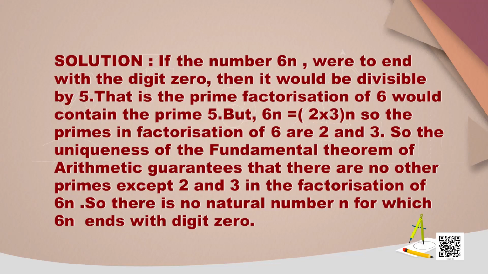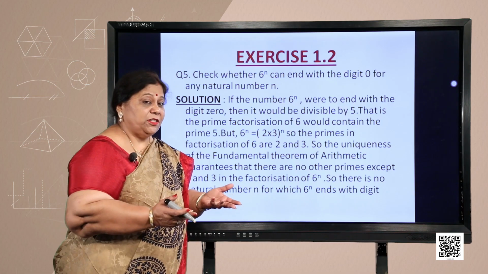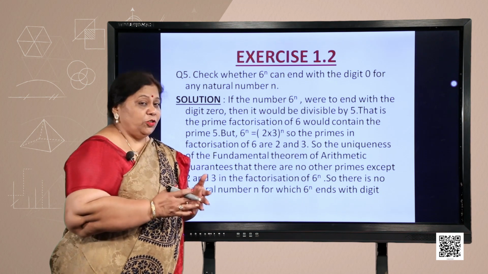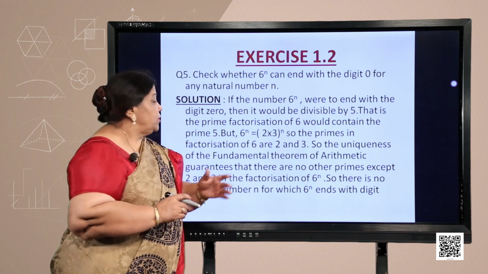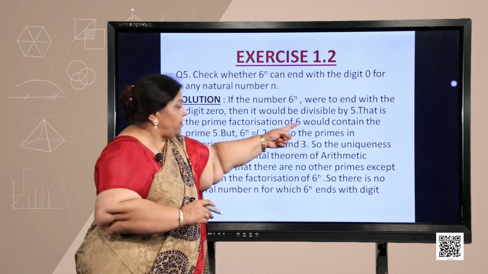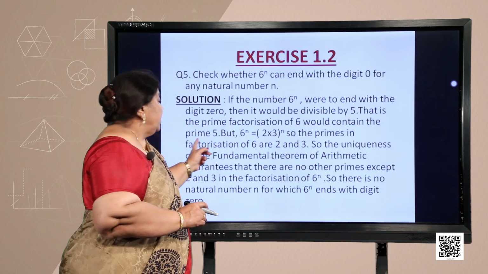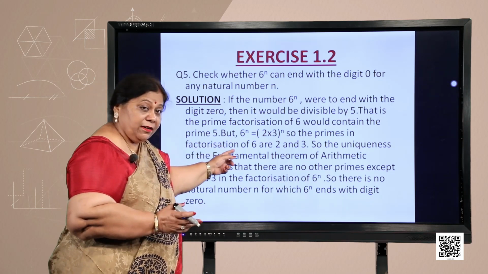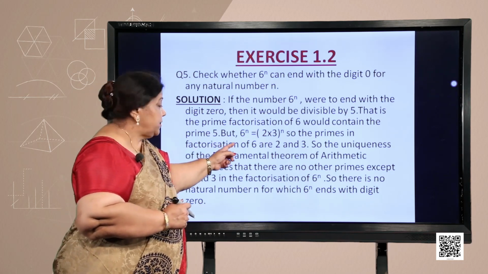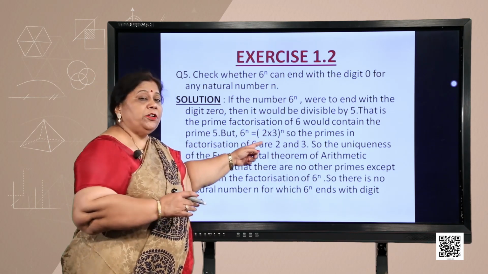Now, if the number 6 to the power n were to end with digit 0, then it would be divisible by 5, because if it is divisible by 10, it should have factors 2 and 5, right. So, that means it should be divisible by 5. That is, the prime factorization of 6 would contain the prime 5, but just look at 6. 6 to the power n has only two factors.